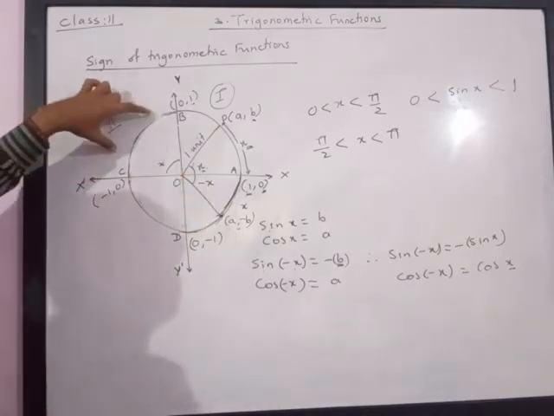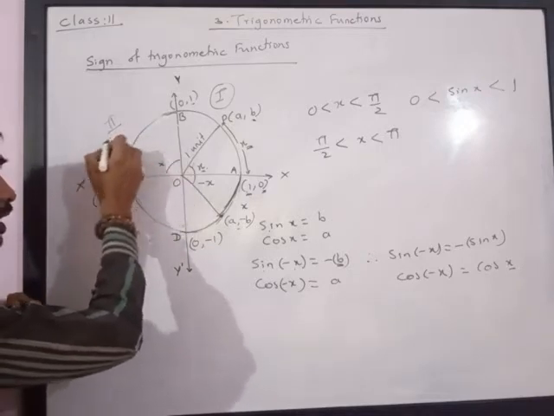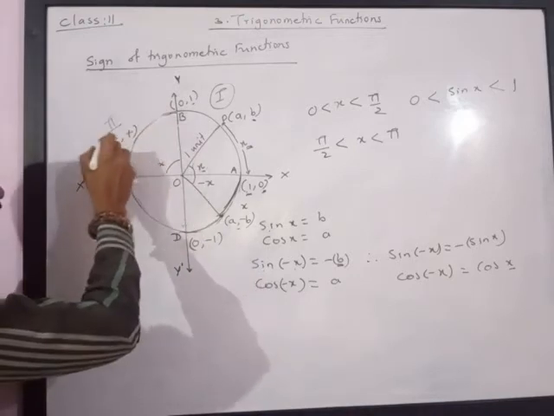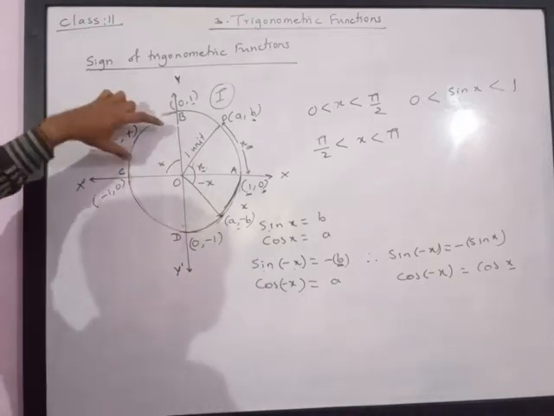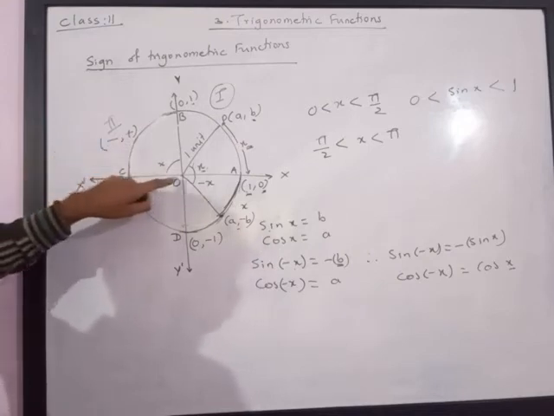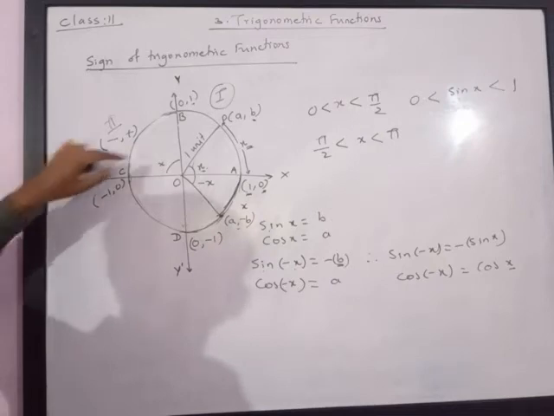Please note, in the second quadrant the x coordinate is negative and the y coordinate is positive. This is the negative x axis, this is the positive x axis.